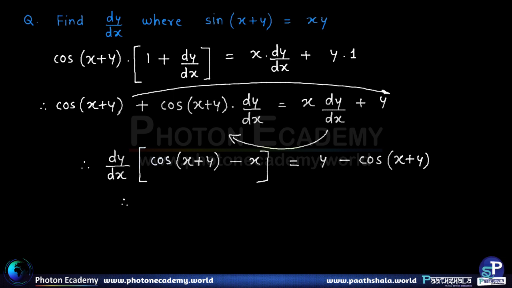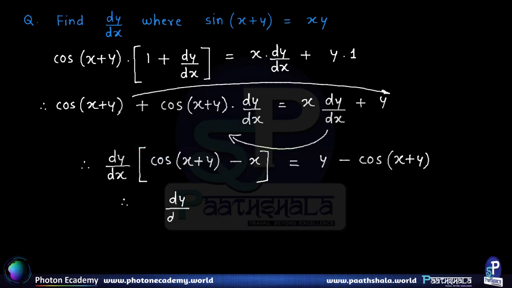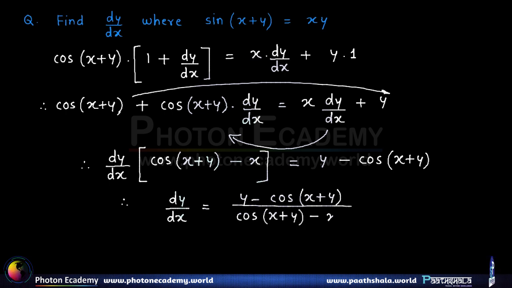Therefore finally we get dy by dx equal to y minus cos of (x plus y), divided by the factor cos of (x plus y) minus x. So that's the final answer.